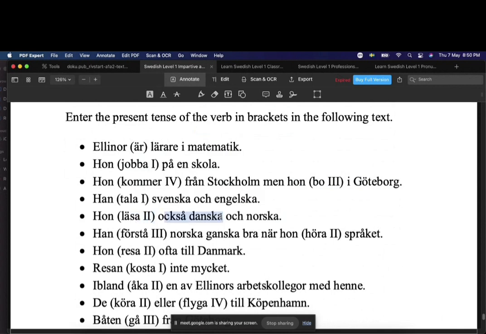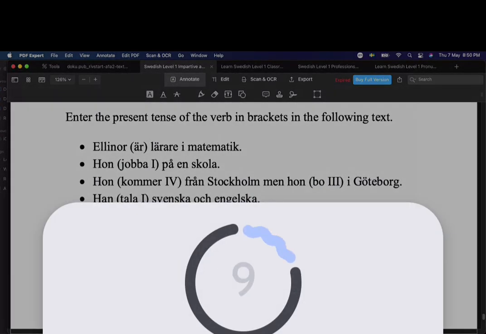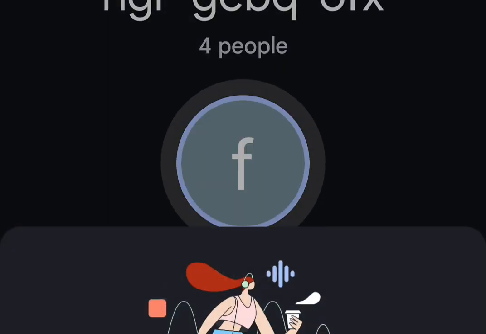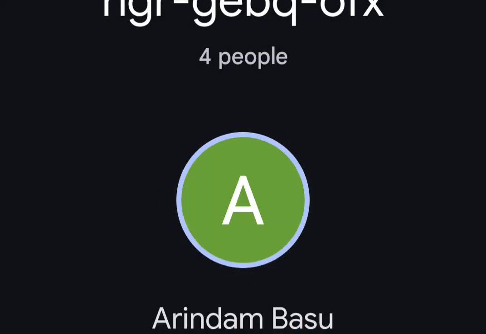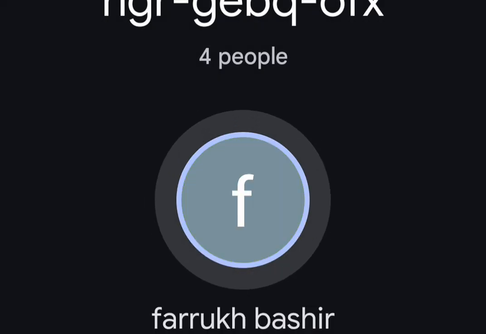"Hon läser också danska och norska": she also studies Danish and Norwegian. "Han förstår norska ganska bra när han hör språket": he understands Norwegian quite well when he listens to the language.